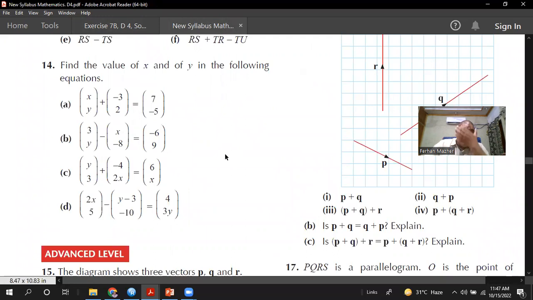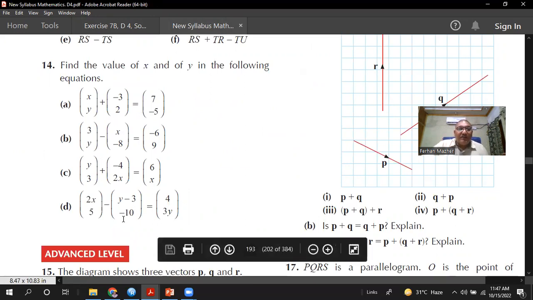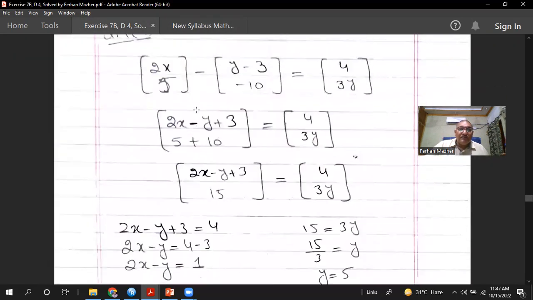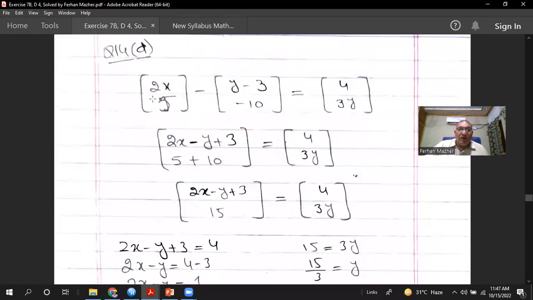Now we have question number 14 and it's the D part, and he says 2x minus y minus 3 upstairs, 5 minus 10 equals to 4, 3y. So it will be 2x minus y plus 3. This negative will change the sign, okay?